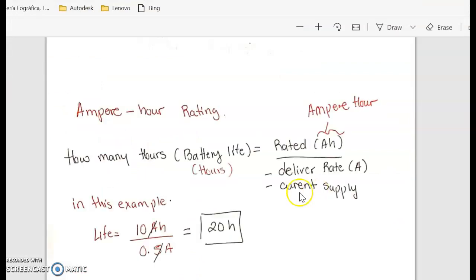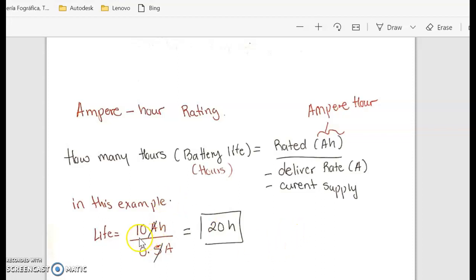So this is how I put it here in a formula, an easier way for you to see it. So how many hours? Battery life in hours. We have the rated value, which is ampere hour, and then we divide it by the delivery rate, how much current it has to supply.